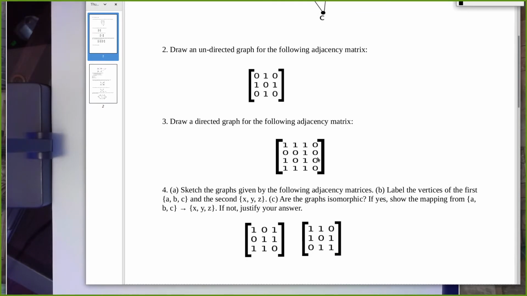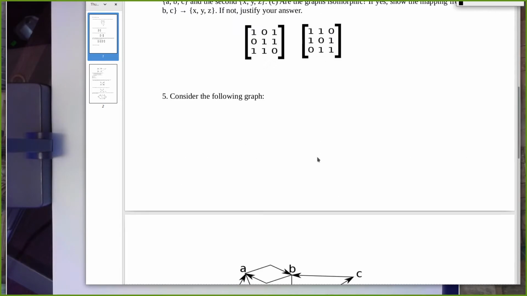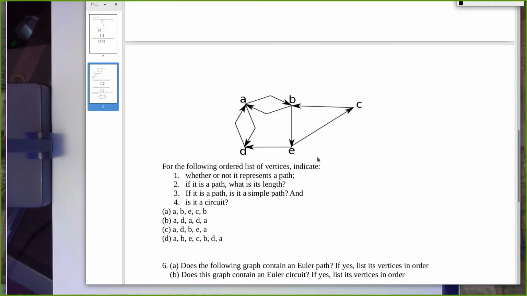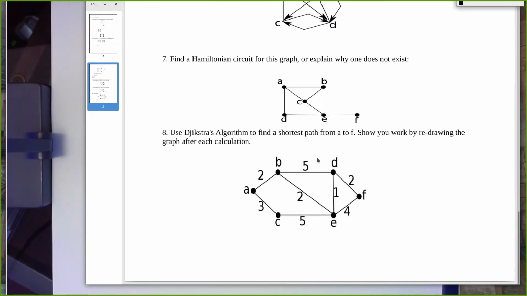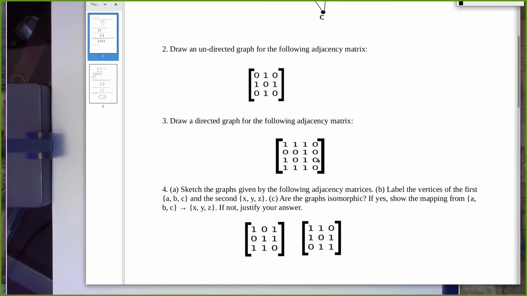I graded 2, I graded 3, I graded 4, I graded 6, and I looked at 7, and I graded 8.